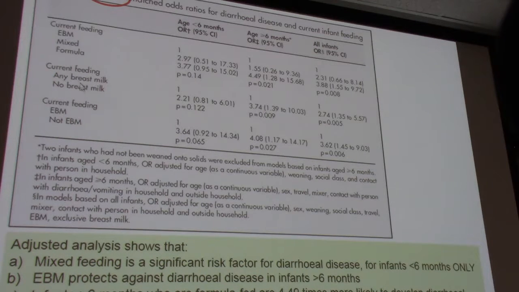If you just said any versus none, that's one way of looking at breast milk. Here, exclusive versus not exclusive. Because the top one had it too, wouldn't you say that if any breast milk was protective in infants greater than 6 months, EBM would be protective?